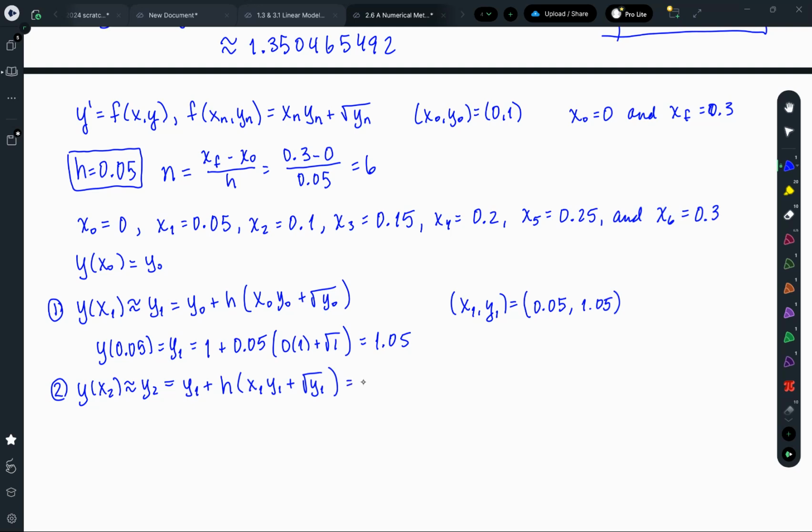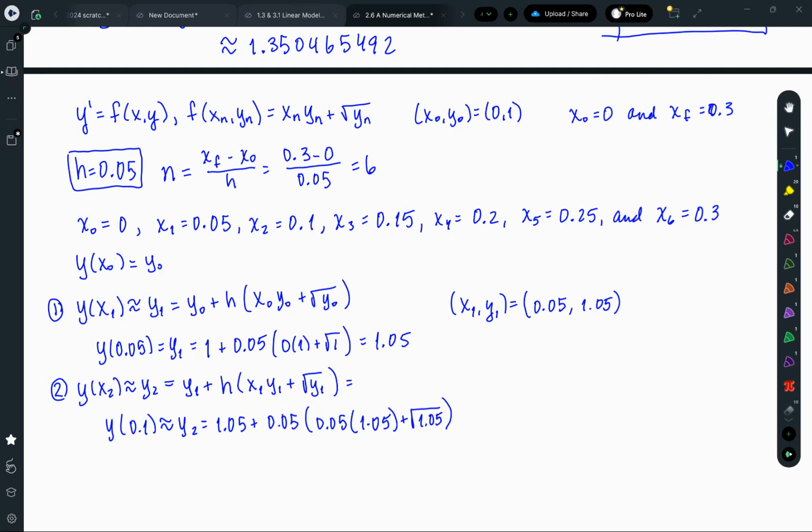So let me write it down below. y of x2, which is 0.1, is going to be approximately y2, and that's equal to 1.05 plus 0.05 times in quantity 0.05 times 1.05 plus the square root of 1.05.